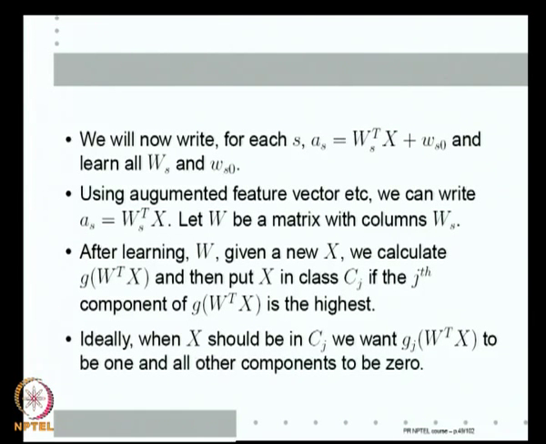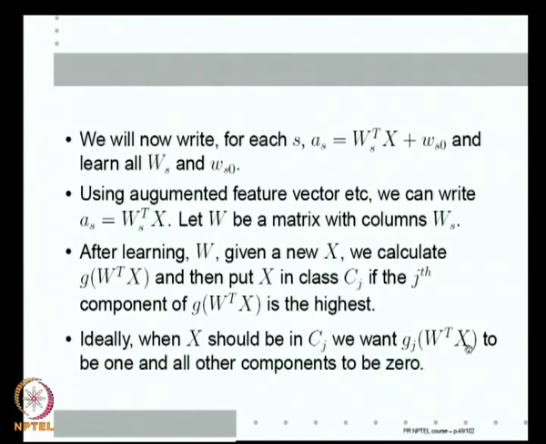That is how we want G to be, but in practice we will put X in Cj if Gj of W transpose X is greater than Gs of W transpose X for all other s. But the fact that G is softmax, and hence this is what we want from our W, tells us how we can formulate our objective function. Essentially, the W that is good for us is such that if X is a class 1 pattern, then G1 of W transpose X should be 1 and all others should be 0.